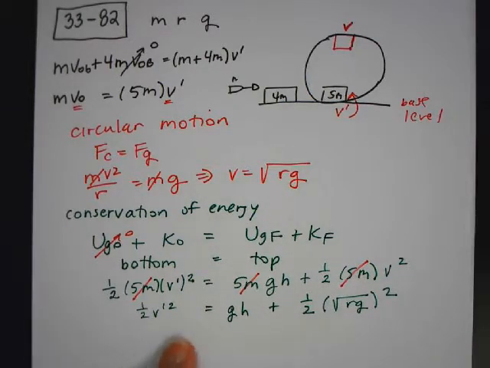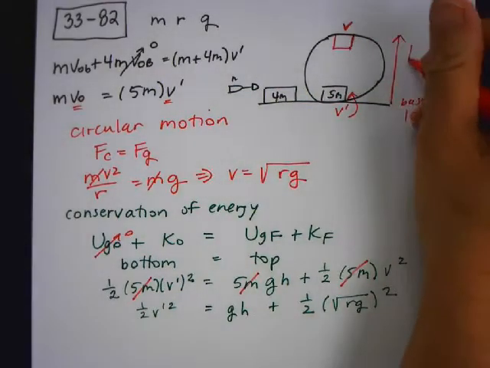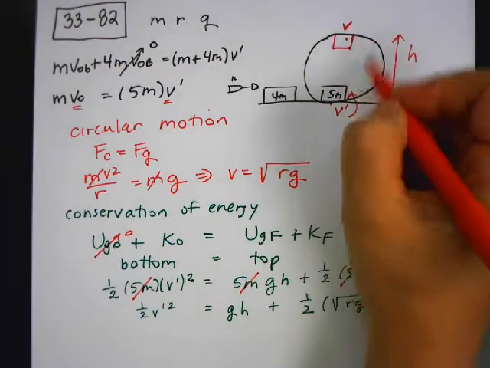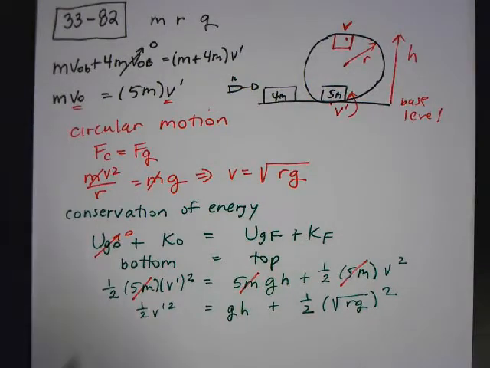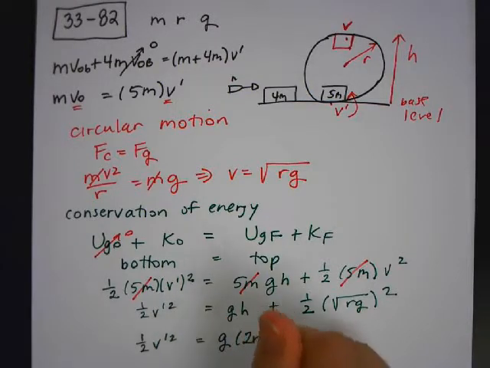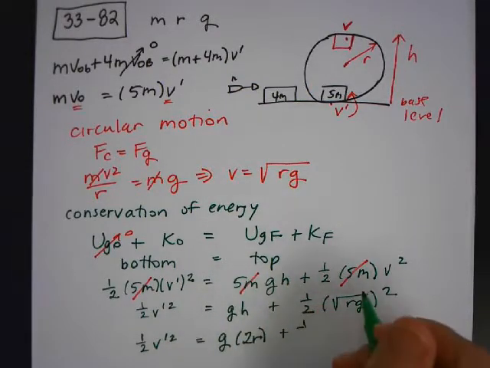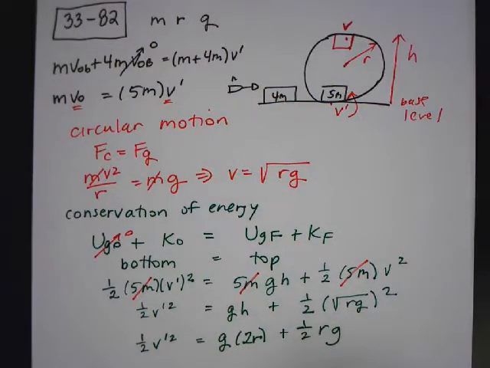Now this problem, it all has to be in terms of m and r. So I have to look and say, what is this height from the bottom to the top? Well, if I know the radius of the circle, the height is going to be 2r. So I have 1/2 v prime squared is equal to g times 2r plus, when I square all that, 1/2 of r g. So now it's all in terms of my variables. I want to get rid of that half, so I'll multiply everything by 2.